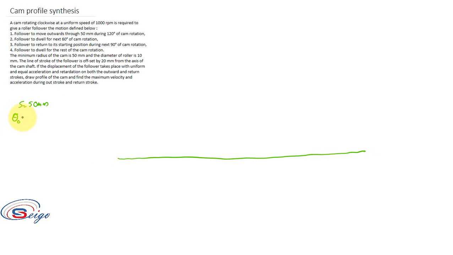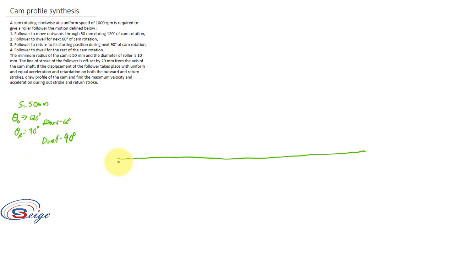Theta O, that means theta outstroke, is equal to 120 degree. Theta R is equal to 90 degree. In between there is a dwell of 60 degree and the remaining is a dwell of 90 degree. So total 360 degree.